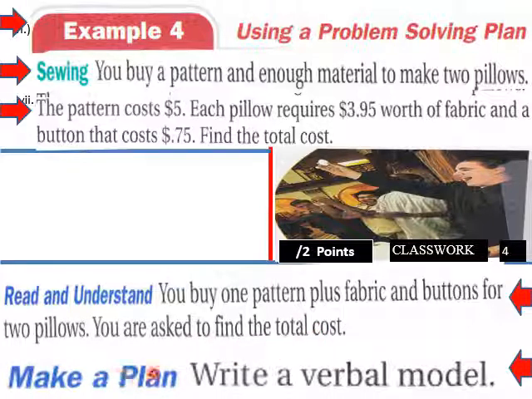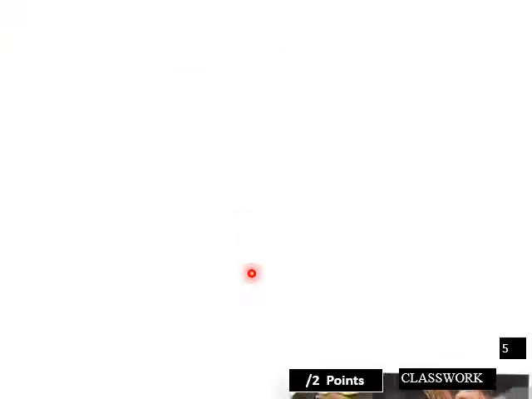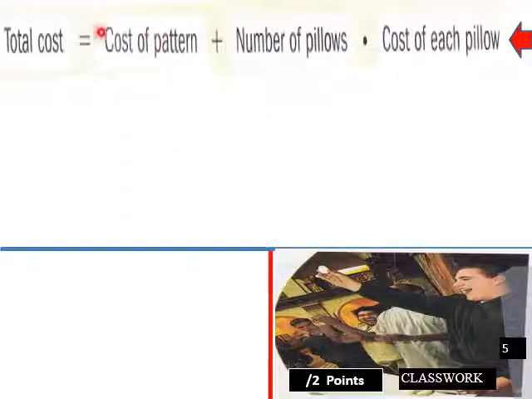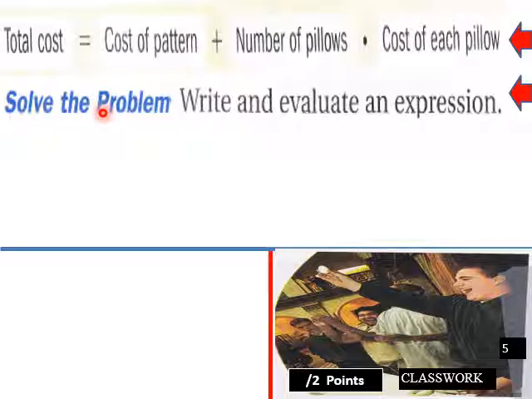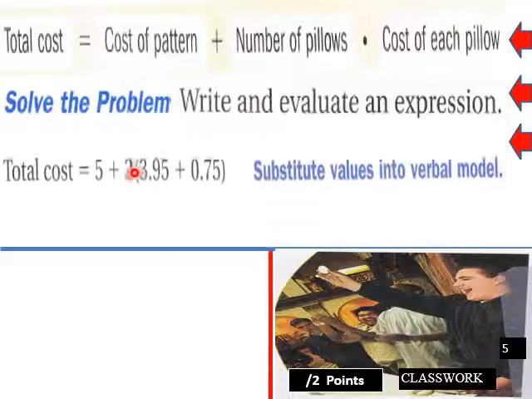So make a plan. Write a verbal model. How will we write a verbal model from this description of the problem? Total cost equals cost of pattern plus number of pillows times the cost of each pillow. So write and evaluate an expression.